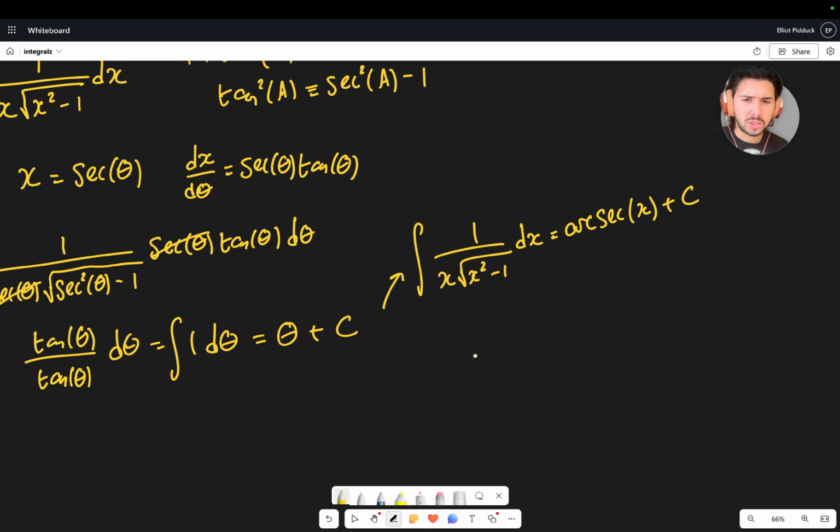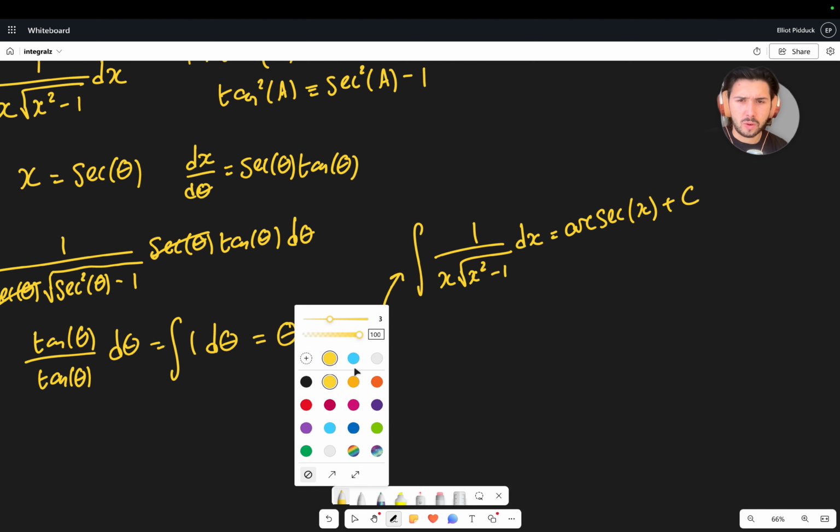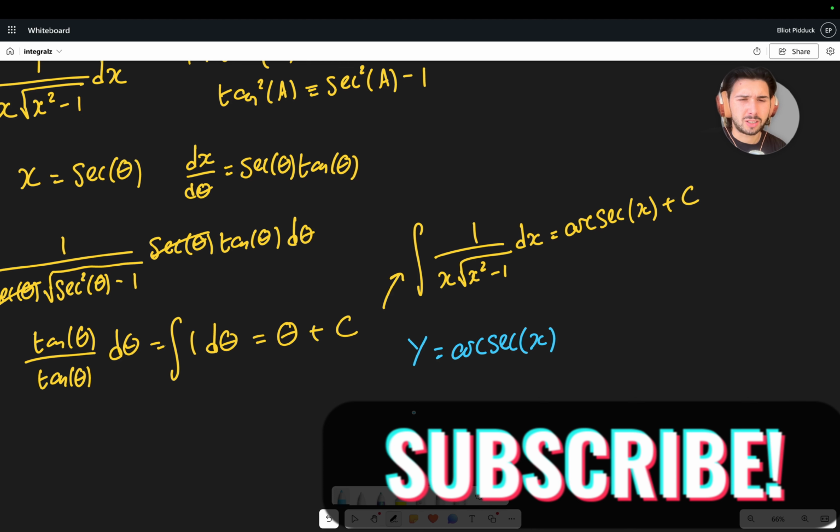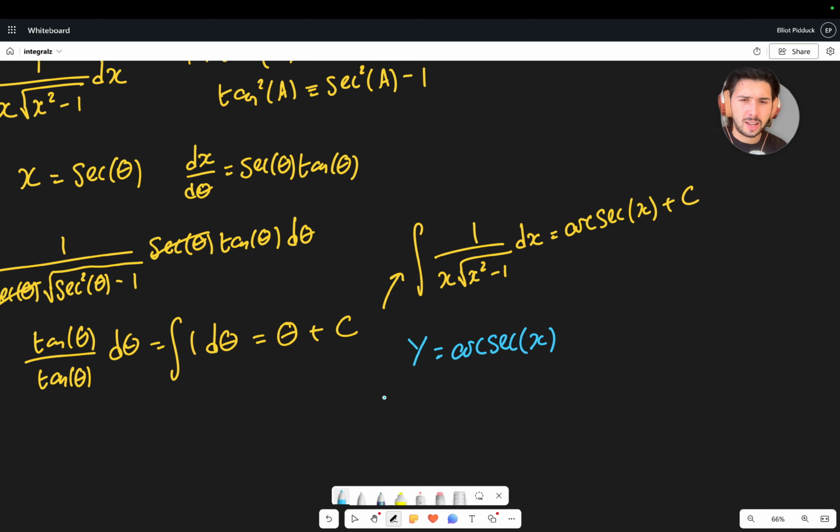So what I'm saying here, I'm going to do this in a different color as well, is I've got this function, I'm going to call it y, and it is arc sec x, and I don't like that. So I want to come up with another expression for this. I'm going to rearrange this. I'm going to take sec of both sides. So sec y would be sec of arc sec x, which by definition is just going to be x.